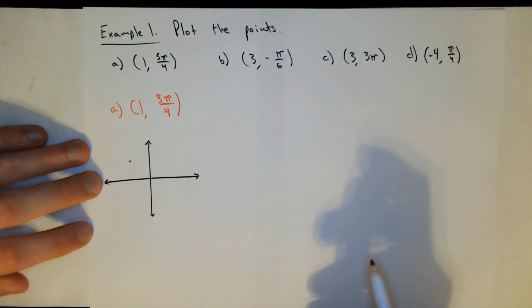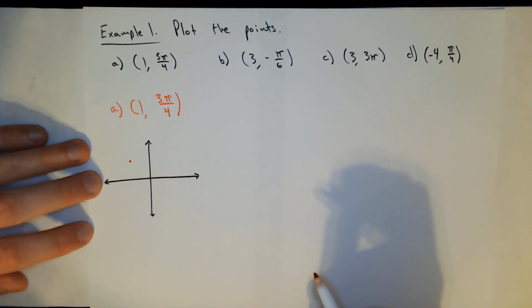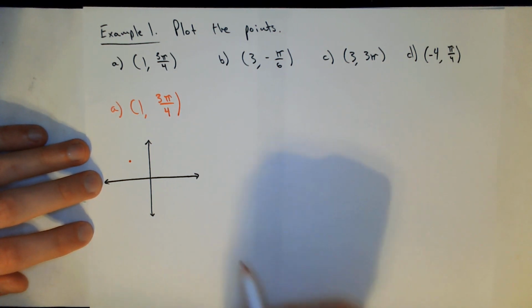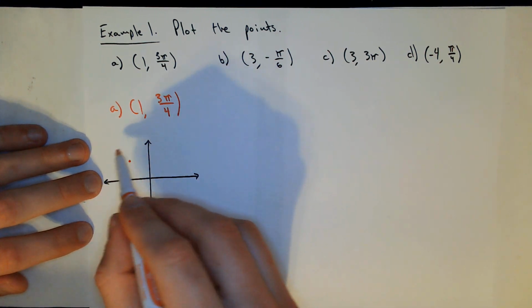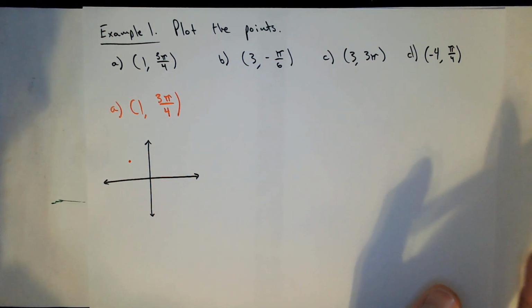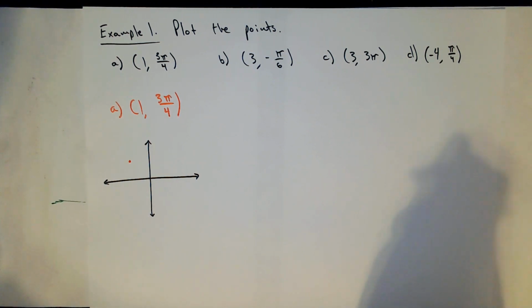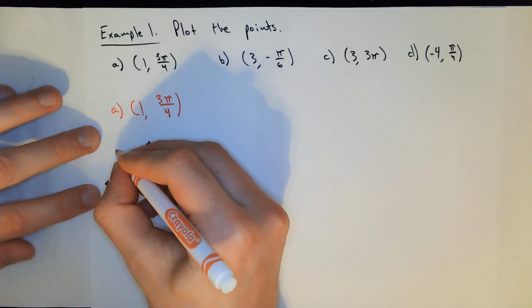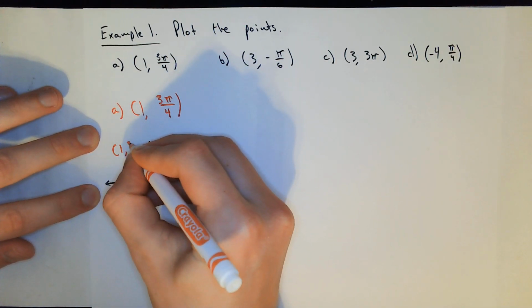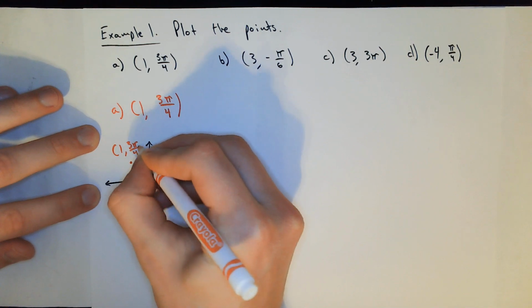So the whole distance from the origin thing, if you don't have circles drawn on here, like grid lines, then you just kind of have to estimate. All right, so this is the coordinate point 1, 3 pi on 4.